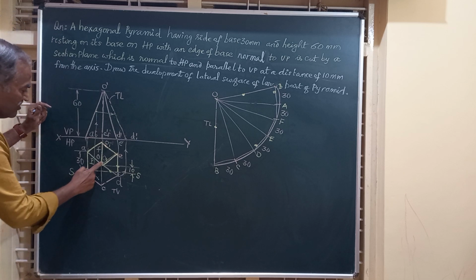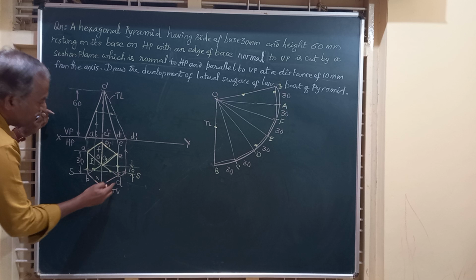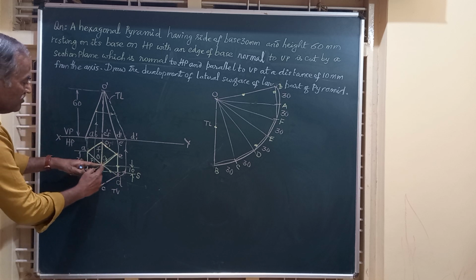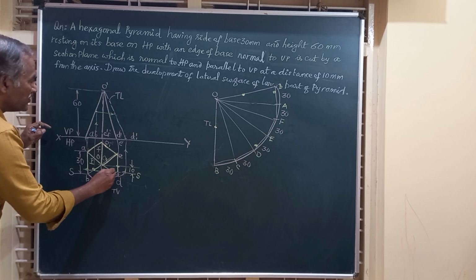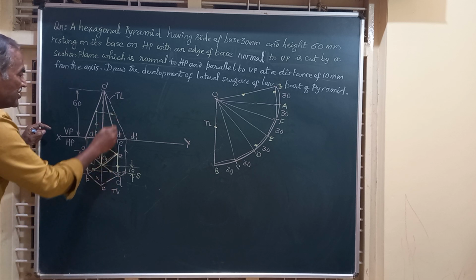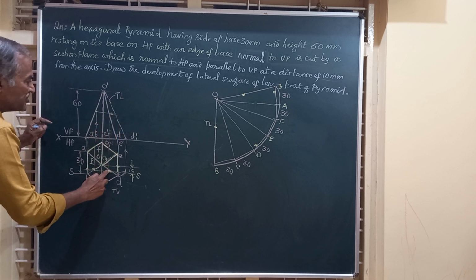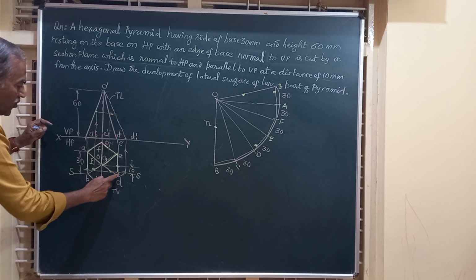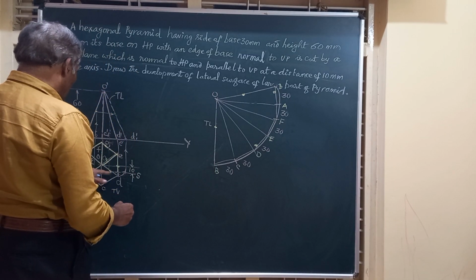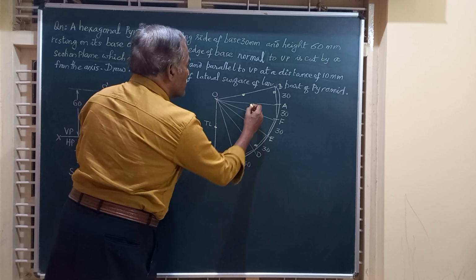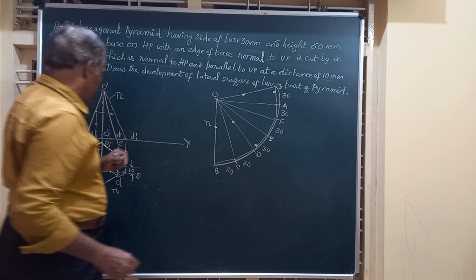Then you have to mark on OD. Again, OD is not the true length. Take a line from here, it will cut somewhere here. Transfer that, and you get the same measurement on OD also. So similarly on OD you should take the same distance.